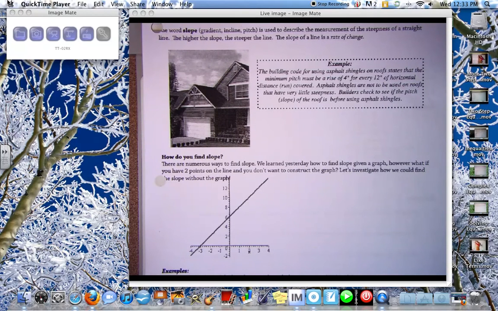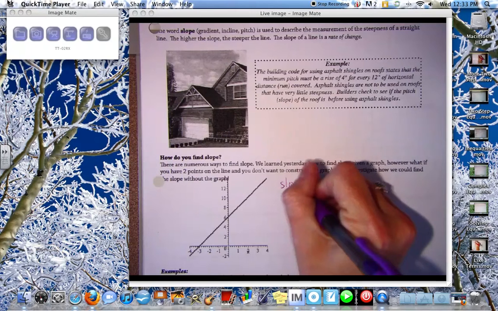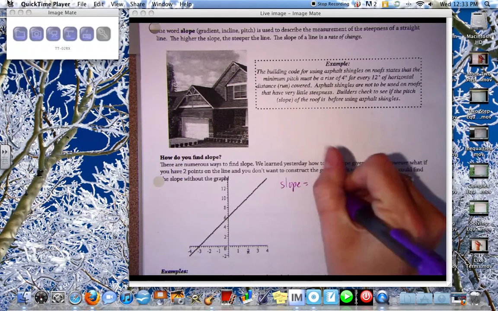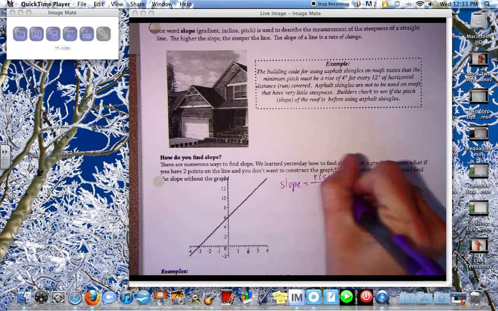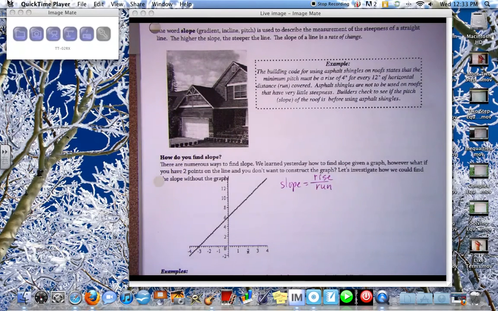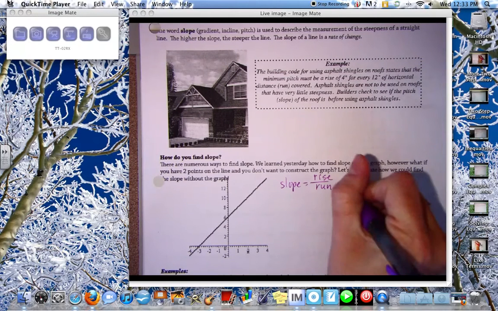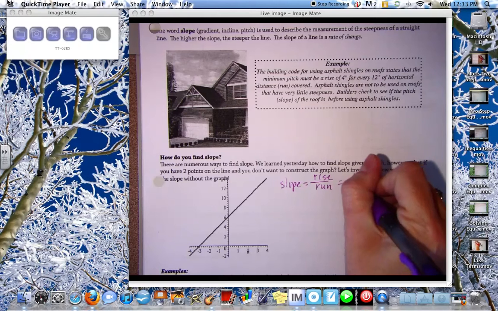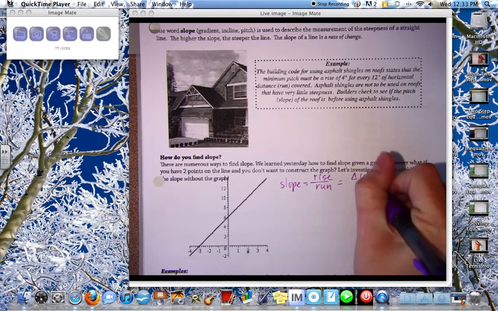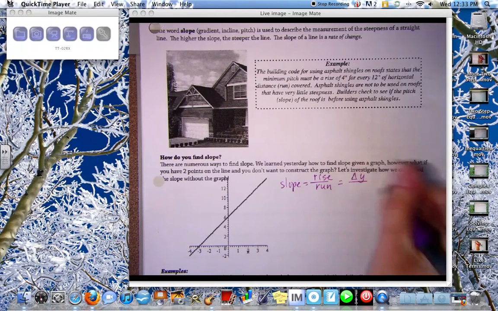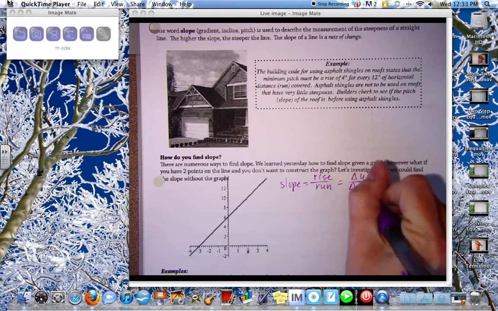So yesterday, or actually the past couple days, we've been looking at slope. And we know that the slope is the rise over the run. And on your warm-up, you saw this notation, this triangle next to a y over the triangle next to the x.